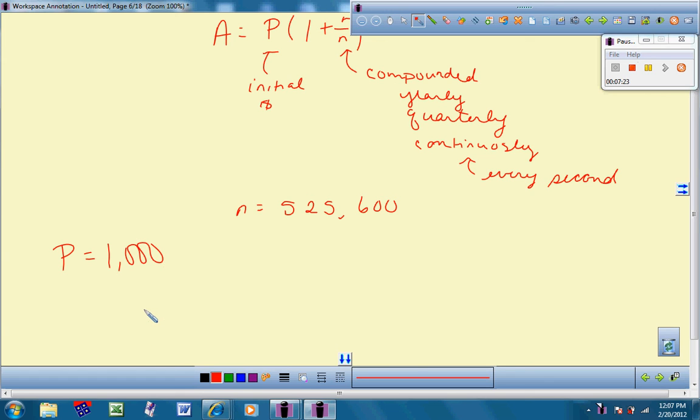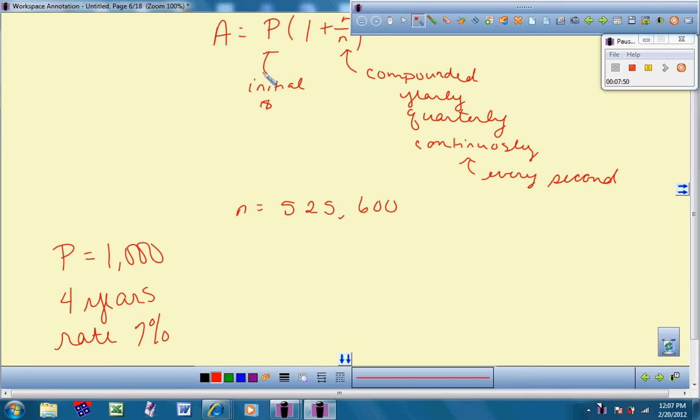We're going to be earning interest continuously, so that means every second. I want to know how much I'm going to have after 4 years if I have an interest rate of 5%. Actually, let's go ahead and make that 7%.